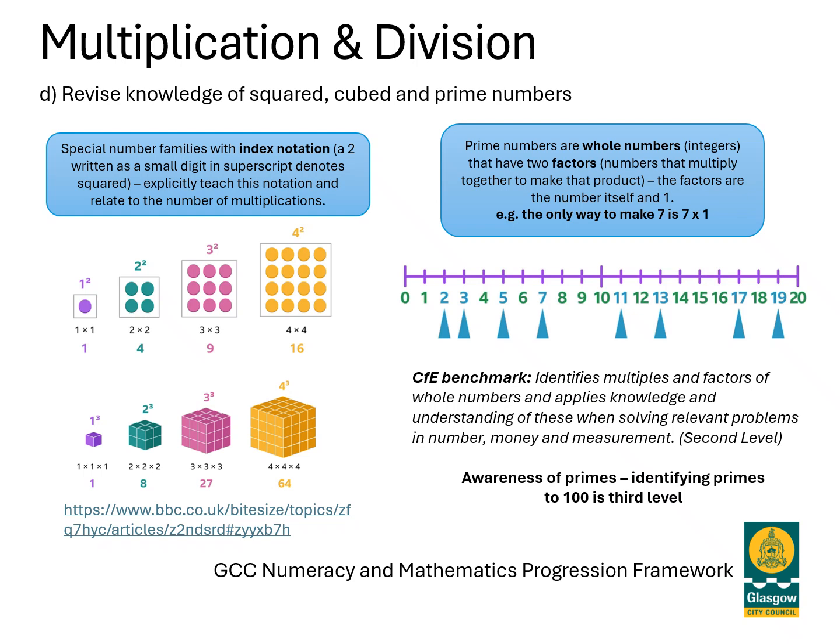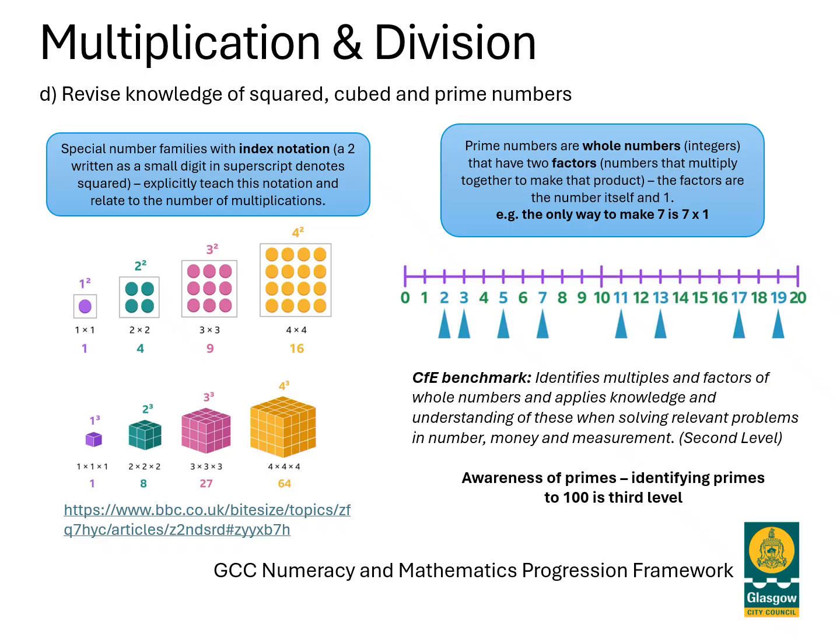In terms of prime numbers, at second level, we just really need them to have an awareness of prime numbers as a special group that only have two factors. A prime number is a whole number that only has two factors. There's only one pair that multiply together to make that product, and the factors are always the number itself and 1.